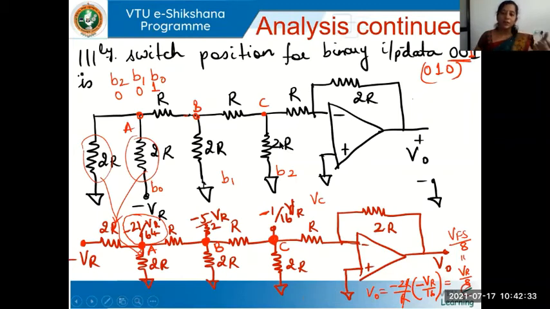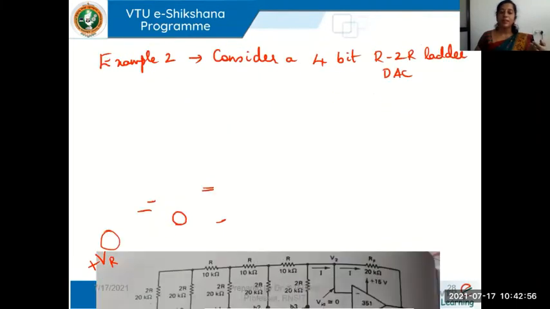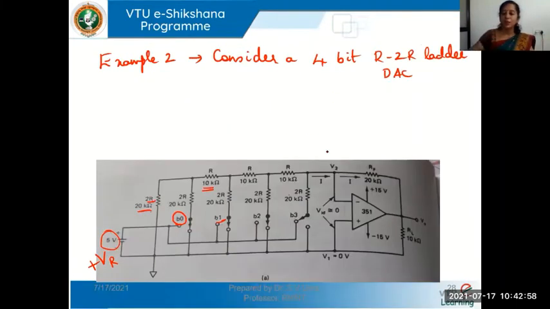There are many versions of the DAC. Please understand, this is not the only version of the R2R ladder. We are using the inverting R2R ladder. We can have non-inverting also, which you will do in the lab. You can do either inverting or non-inverting. The non-inverting version will use a slightly different condition. Even in the inverting version, you see there is no R at this point.